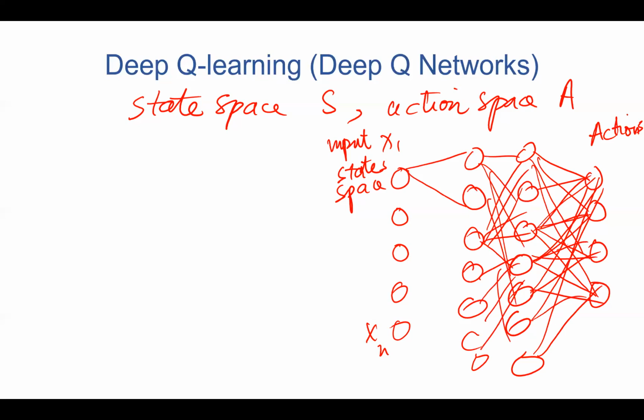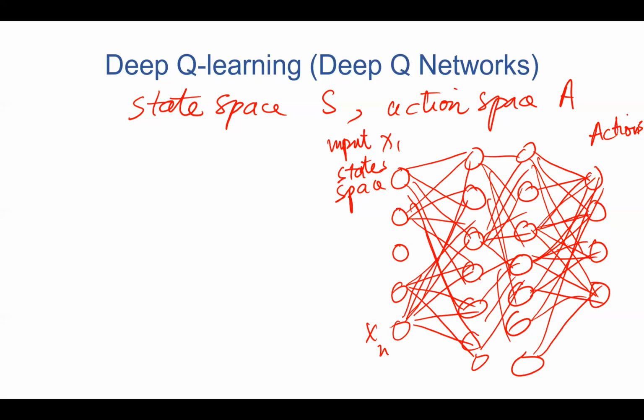So we have the input, and these are all connected with each of the neurons or nodes. Okay, so what we have is input that is known, and we don't know about the actions.